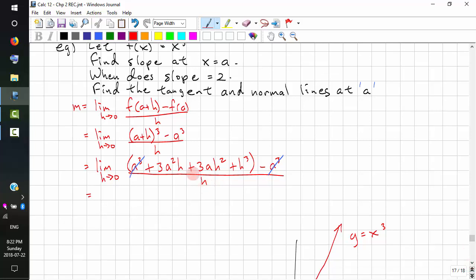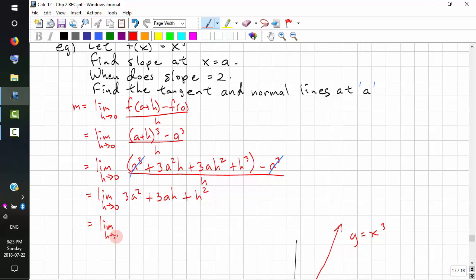Now I'm going to go ahead and take the limit of each one, but I'm going to factor out and cancel an h. So we have limit h goes to 0, 3a squared plus 3ah plus h squared. And we're going to break up the terms.